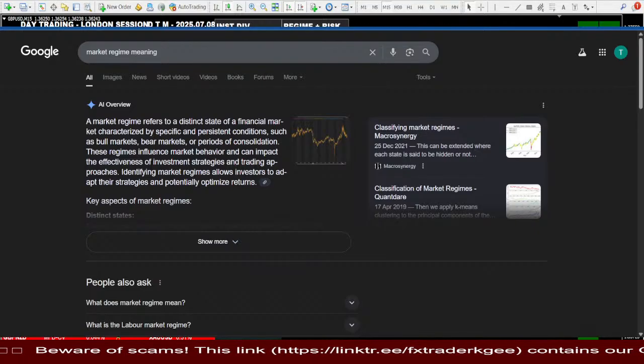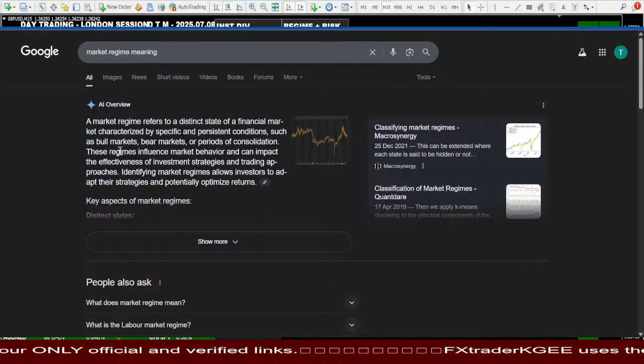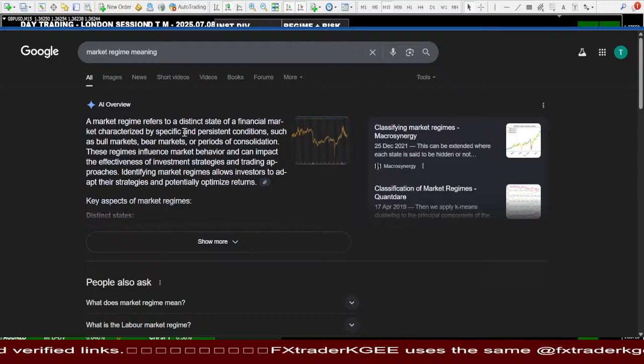So I'm looking at it from Google. Okay, now based on what you can see, market regime refers to a distinct state of financial market characterized by specific and present conditions, such as bull markets, bear markets, or periods of consolidation.